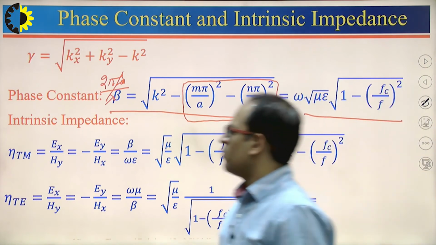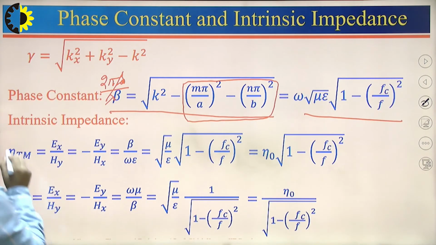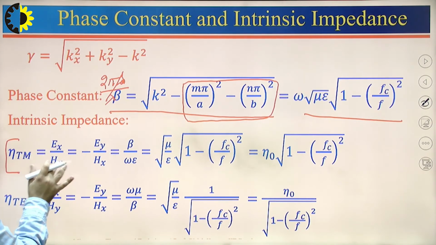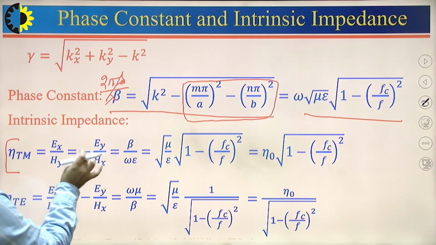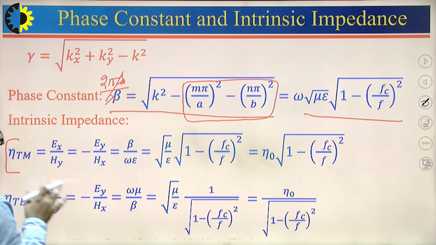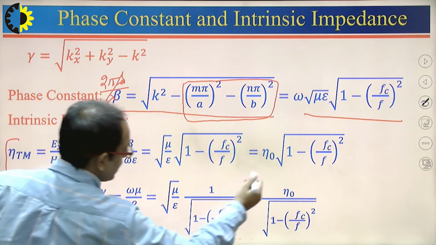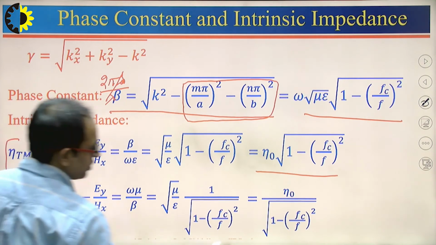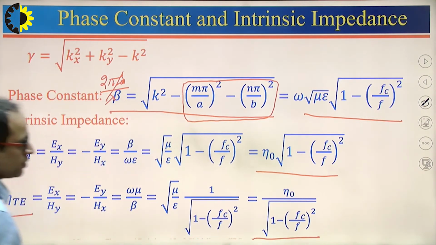Clear? Now what is the intrinsic impedance? The intrinsic impedance for the TM mode is Ex upon Hy, or equal to minus Ey upon Hx. On putting the values of Ex and Hy, you will get this one, the intrinsic impedance for the TM mode, and for the TE mode the intrinsic impedance comes out to be this one.